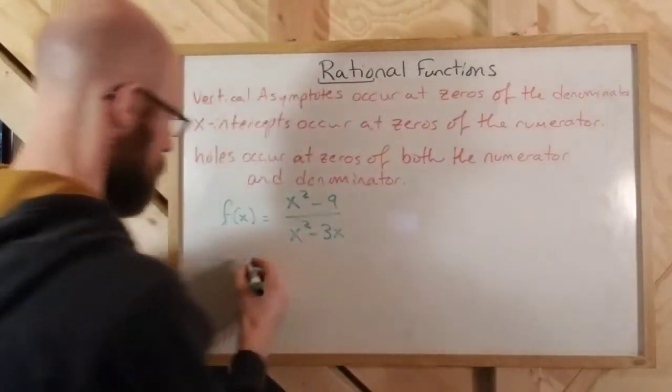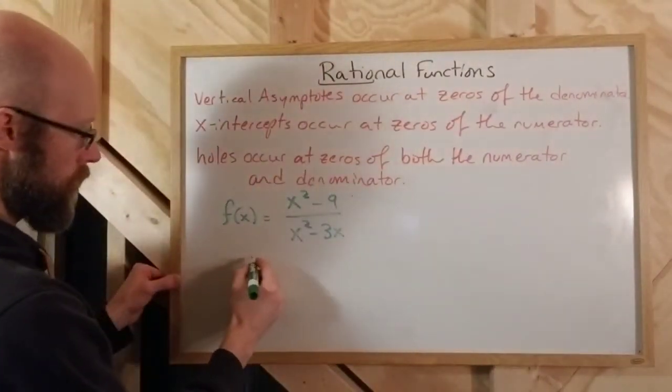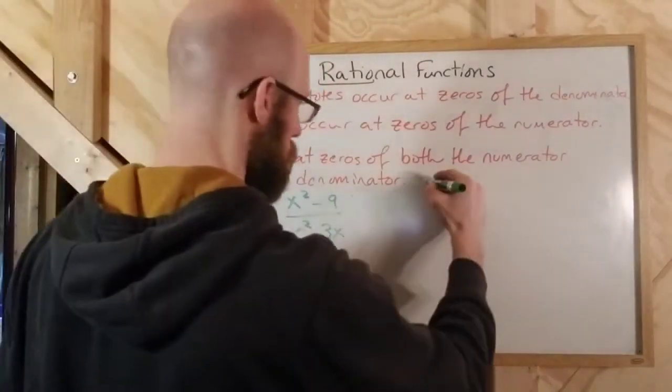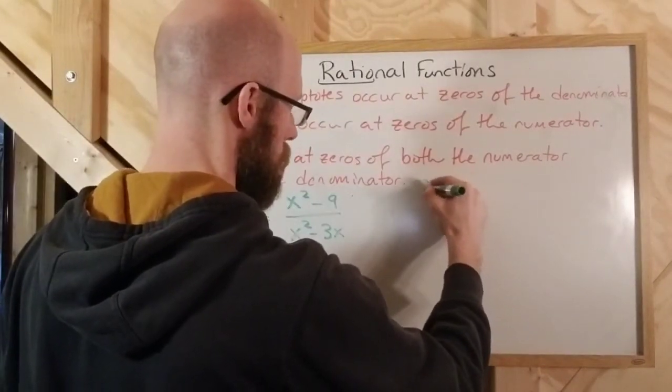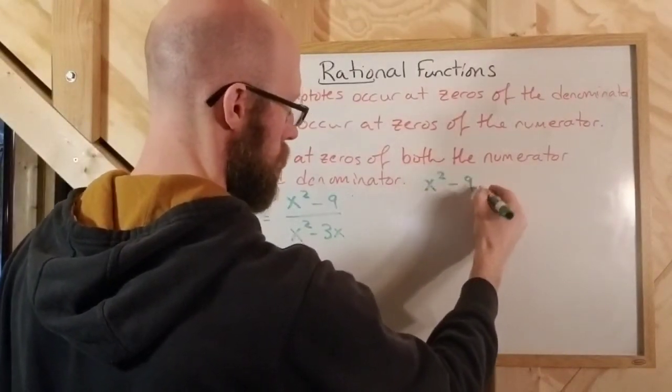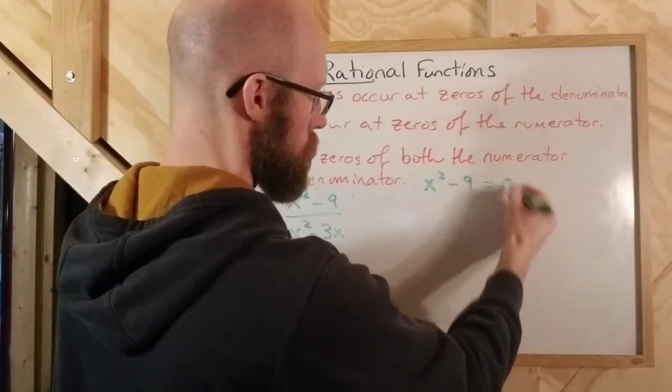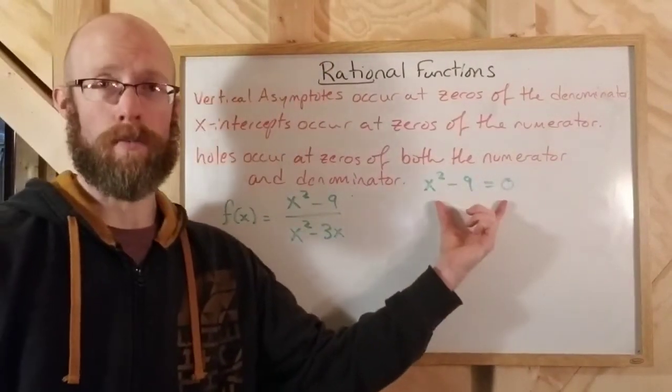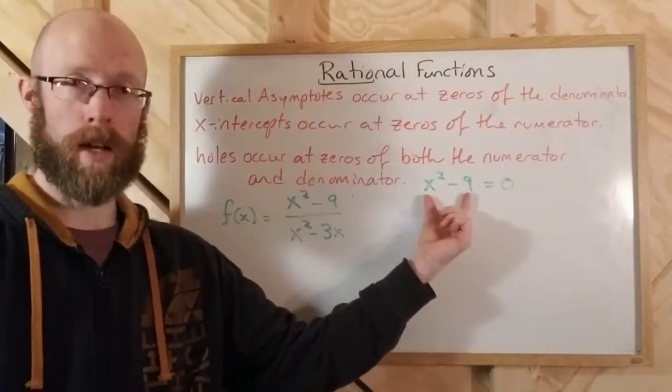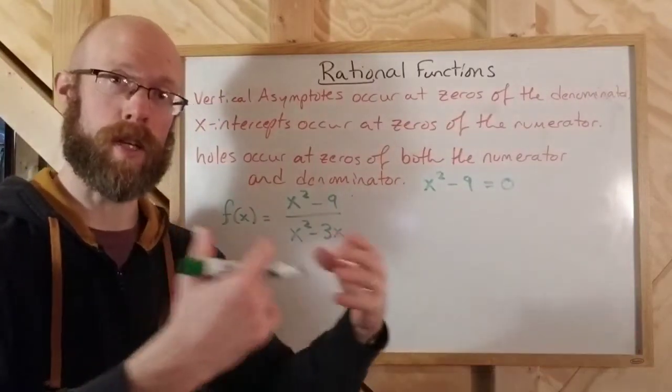So if I look at the zeros of the numerator, I'll do it off to the side, I would take x squared minus 9, set it equal to 0, and solve by factoring. x squared minus 9 factors into x plus 3 times x minus 3.